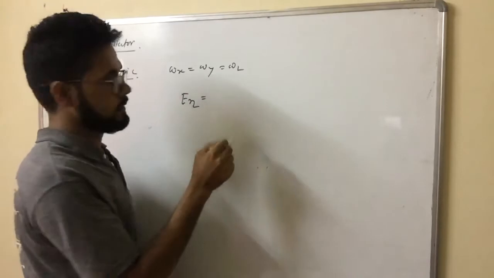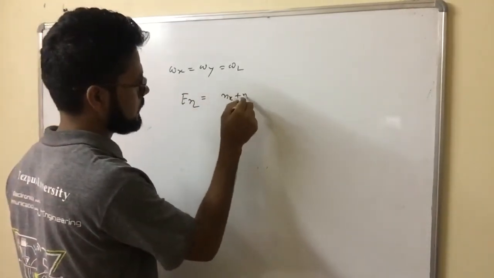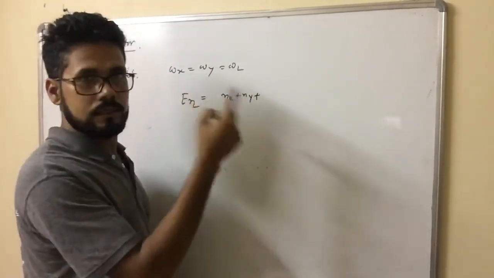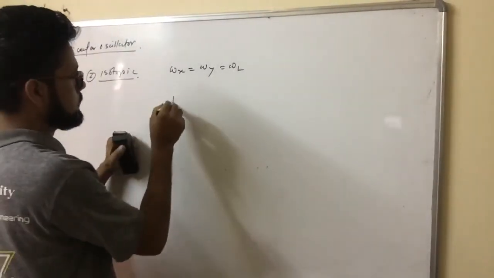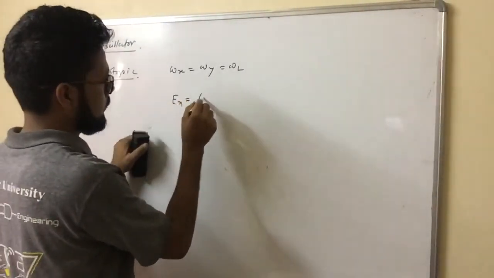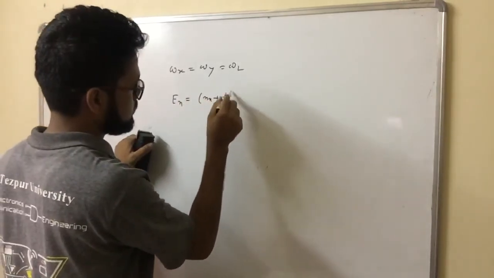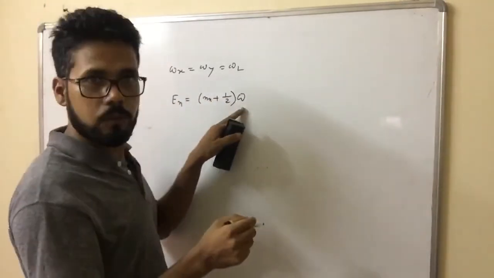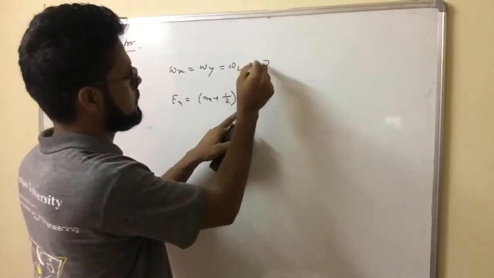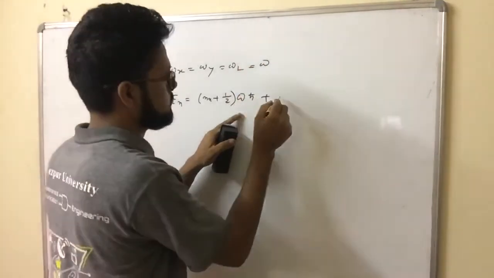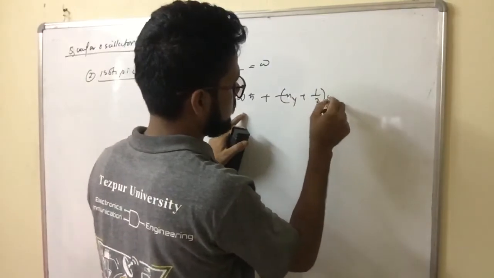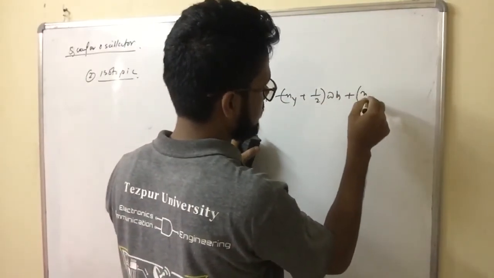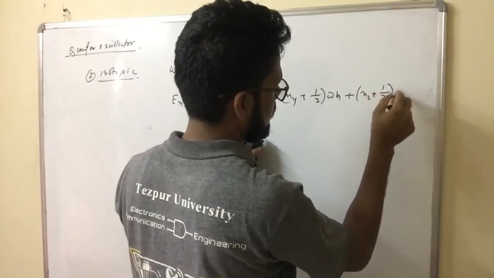how much? nx plus ny, combining all this. So I will write one term more so that you understand. En equals (nx plus half) h-bar omega, since omega is common, plus (ny plus half) h-bar omega plus (nz plus 1/2) h-bar omega.